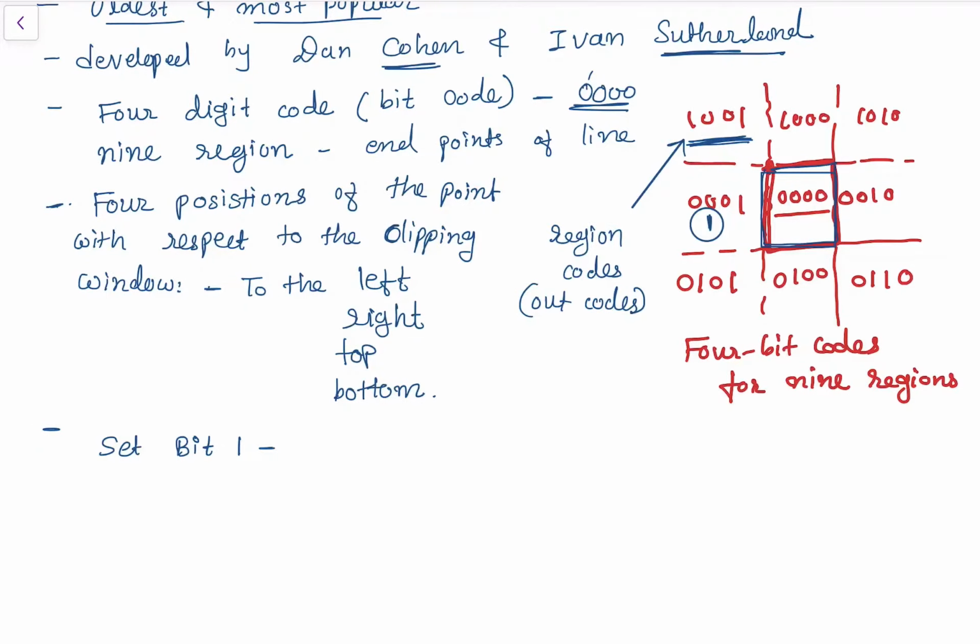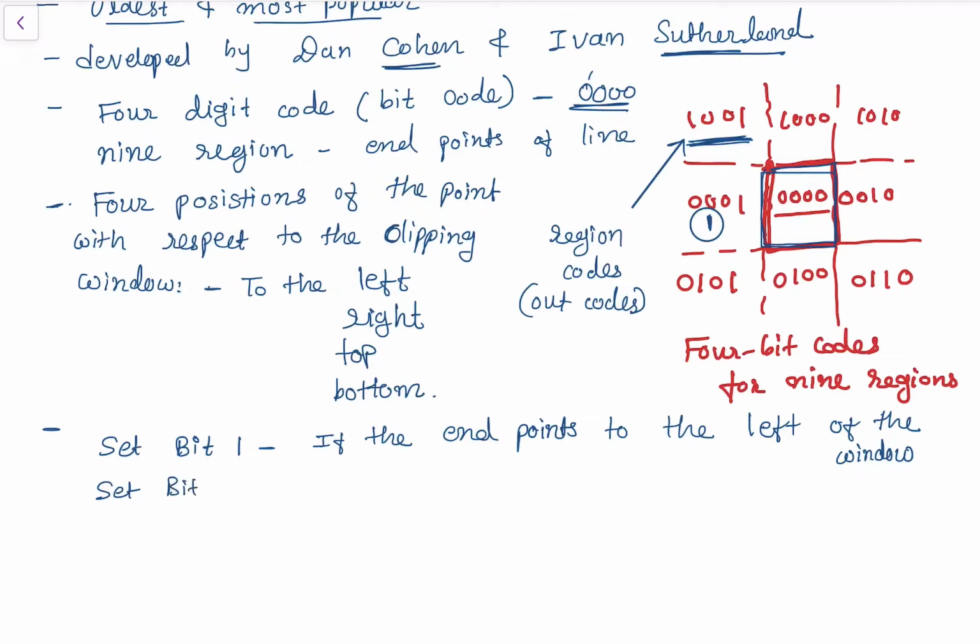Set bit 1 if the endpoint is to the left of the window. Second, set bit 2 if the endpoint is to the right of the window.